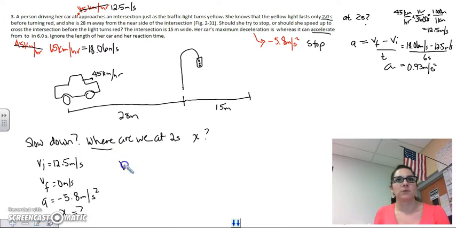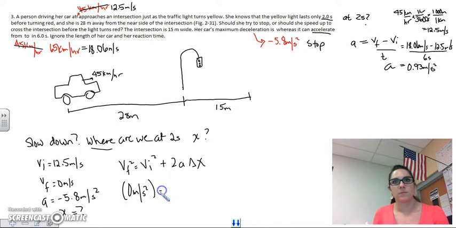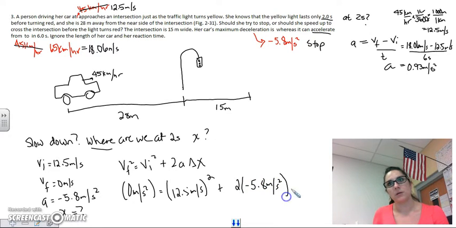So I'm going to use this equation: v squared equals v_i squared plus 2a delta x. So here we go. This is 0. This is going to be our initial velocity, plus 2 times negative 5.81 meters per second squared times delta x.